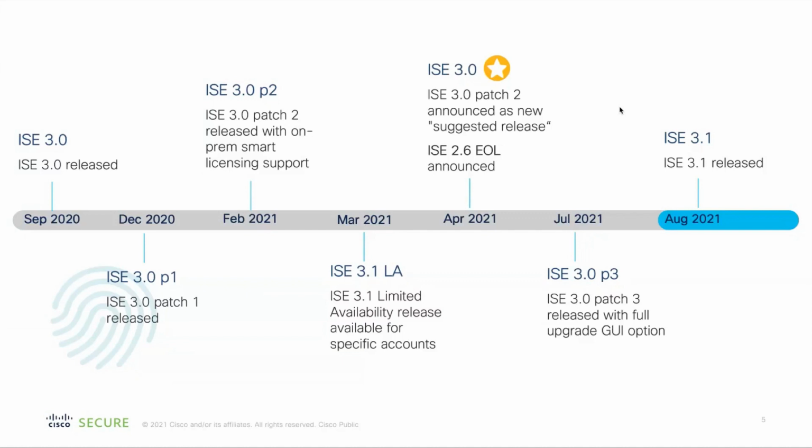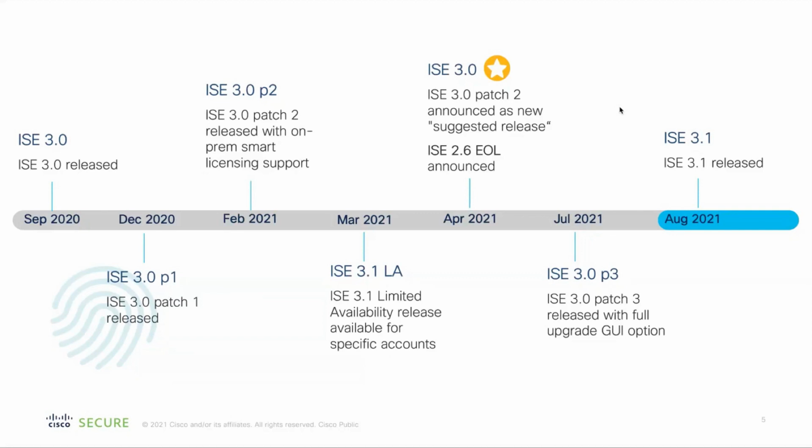During December 2020 and February 2021, Patch 1 and Patch 2 were released respectively on top of ISE 3.0. In April 2021, ISE 3.0 Patch 2 was announced as a suggested release. At the same time, Identity Services Engine 2.6 was announced as end of life.